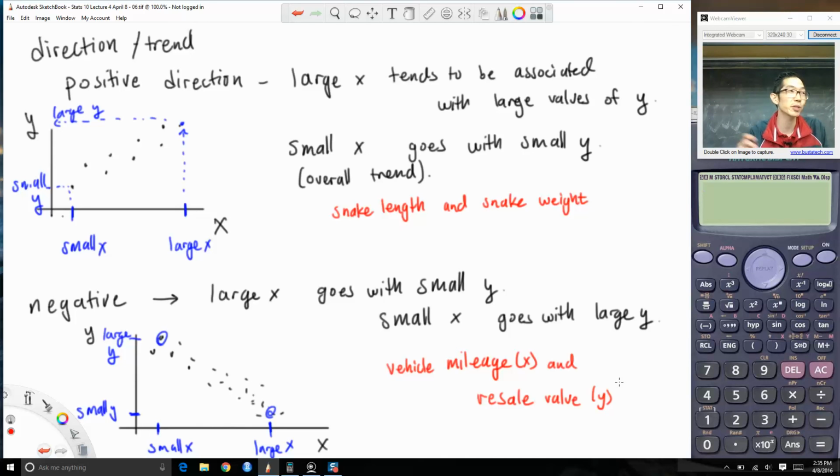And of course there could be outliers, and there's a lot of things that determine a car's resale value. If you're selling a Honda Civic versus a Mercedes-Benz, the mileage will play a factor, but there's other things at play too, okay?